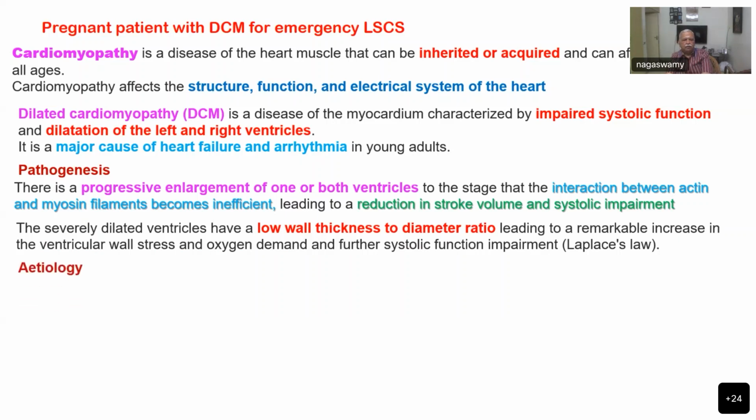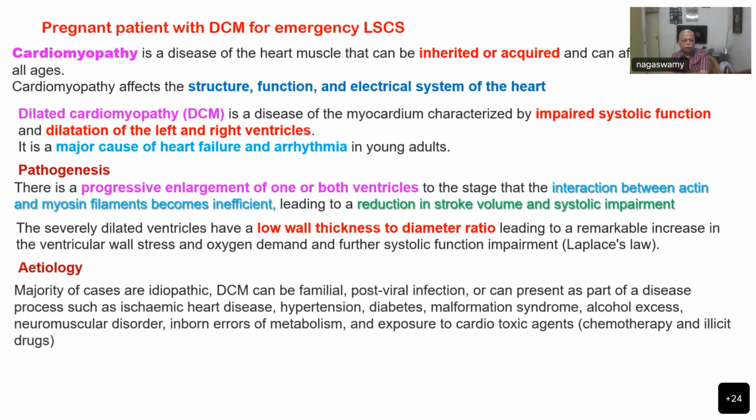What is the etiology? Majority of the cases are idiopathic, but they can be familial, post-viral infection, and can present as part of disease process such as ischemic heart disease, hypertension, diabetes, malformation syndrome, alcohol excess, neuromuscular disorder, inborn errors of metabolism, and exposure to cardiotoxic drugs, especially chemotherapy and illicit drug use.